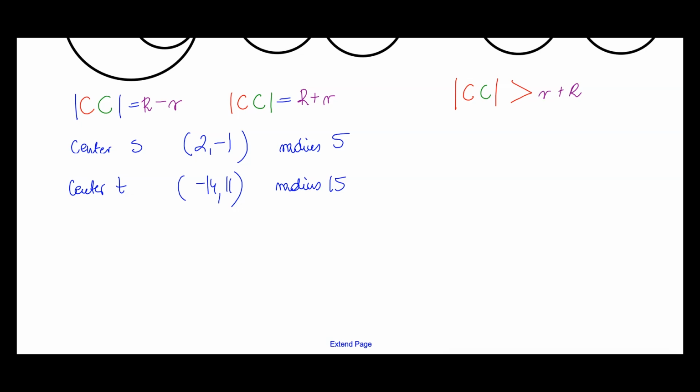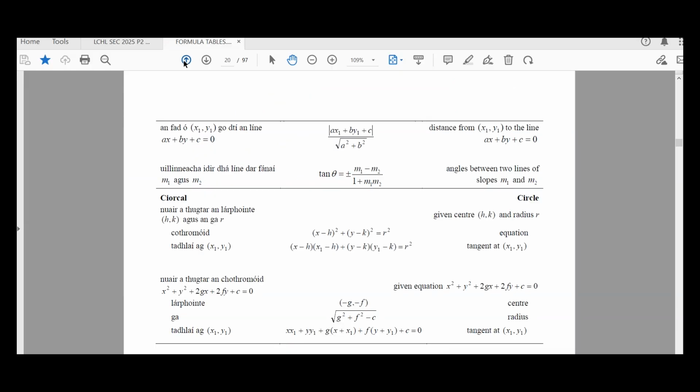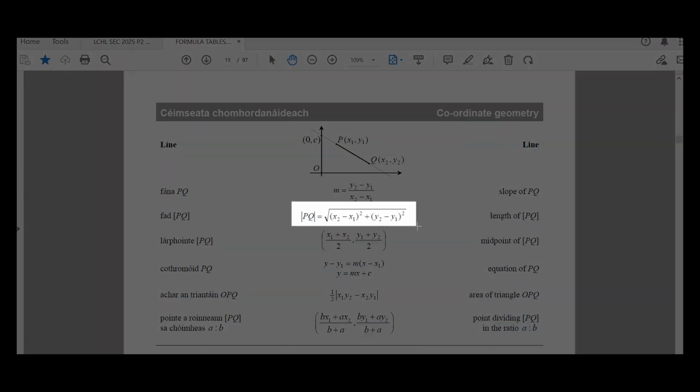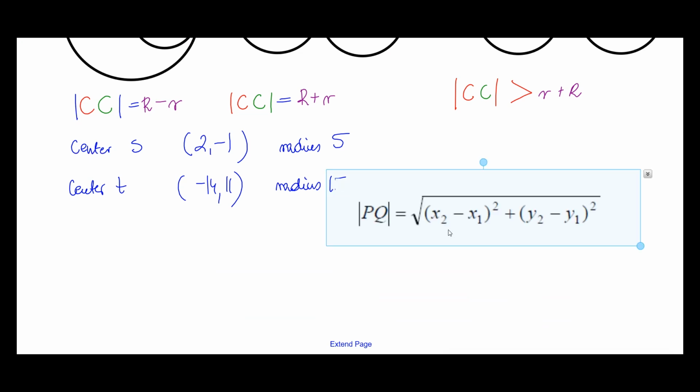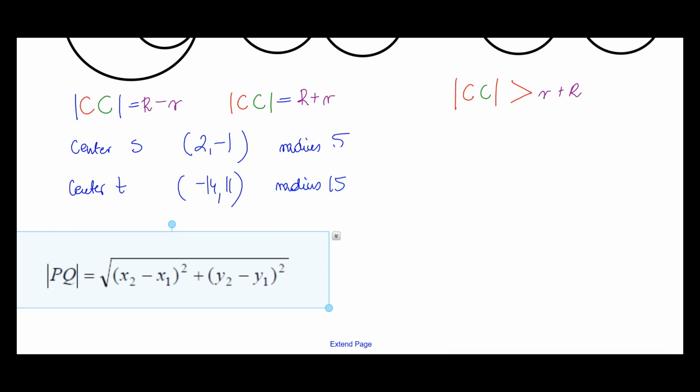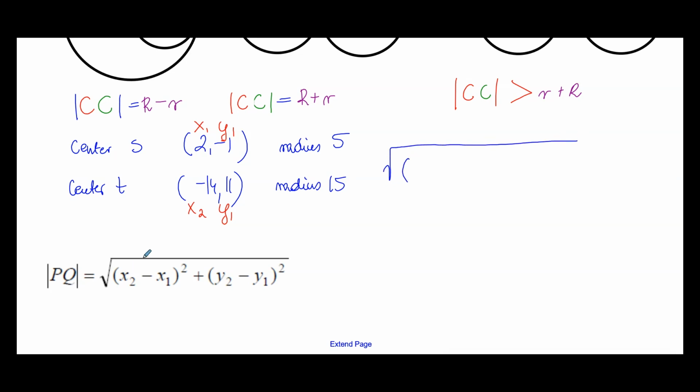Now, the formula for the length, let's get that from our table. And we identify our x1, y1, and x2, y2 and all of those. Let's do our calculation. On one side of the equation, square root, bracket, our x2 is minus 14, minus x1, that's 2.